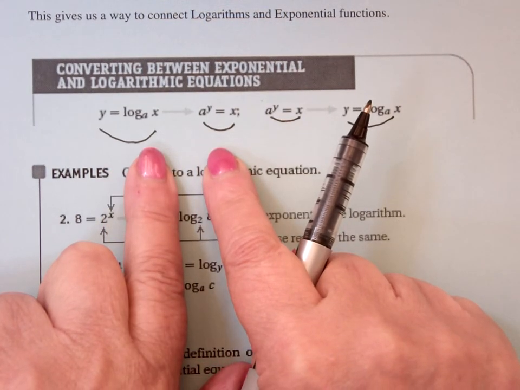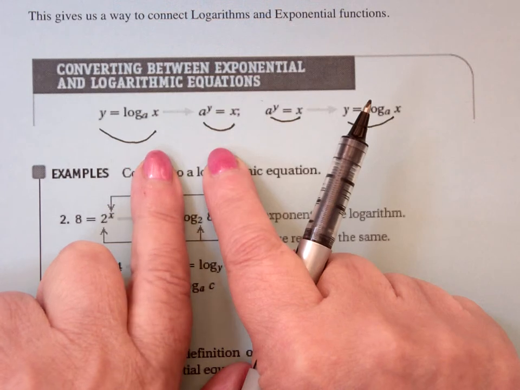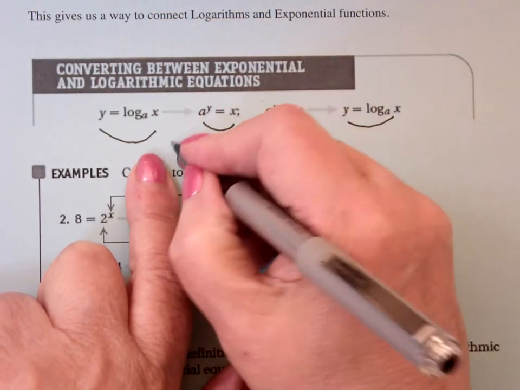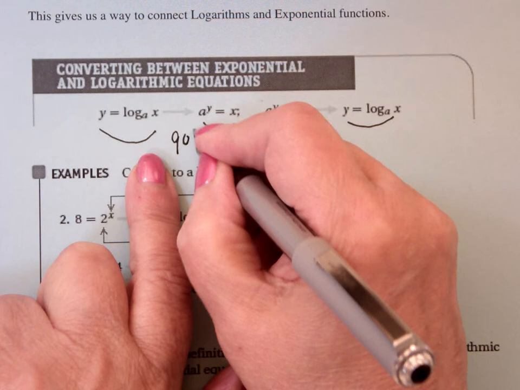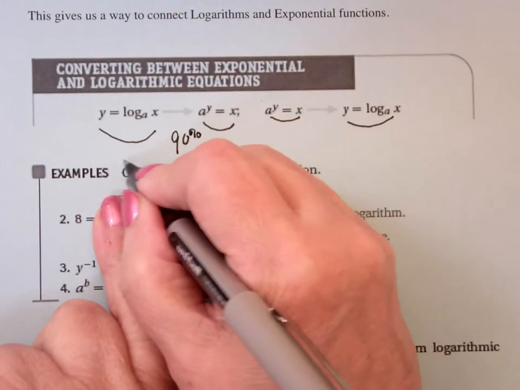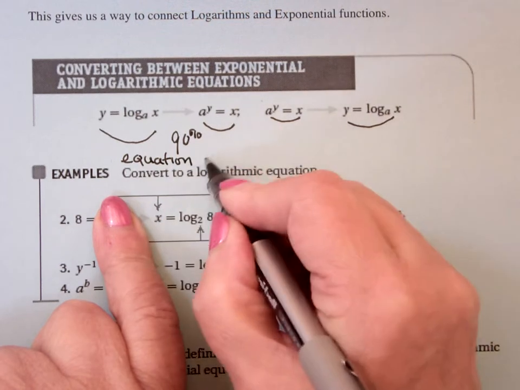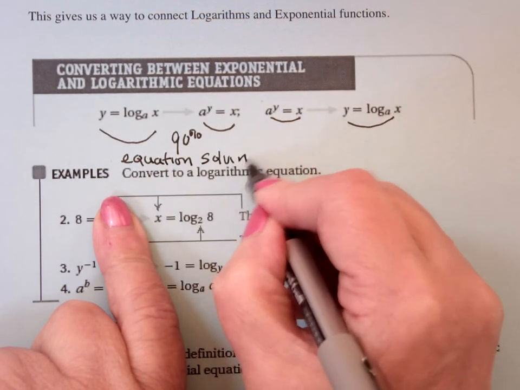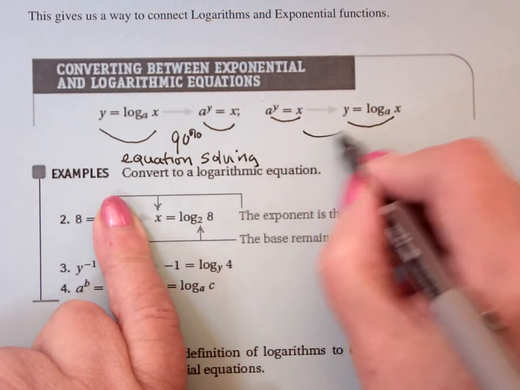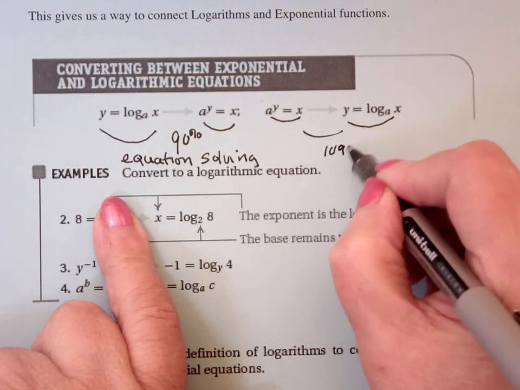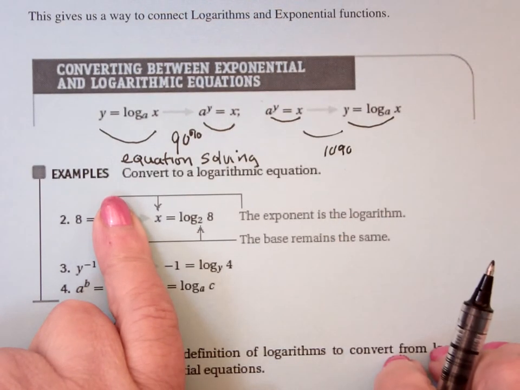We're going to turn a logarithm into an exponential because we know how to solve exponential equations. So this is about 90% of the time. And then we use this for equation solving. And then this would be about 10%, even or less of the time, we go from exponential to log.